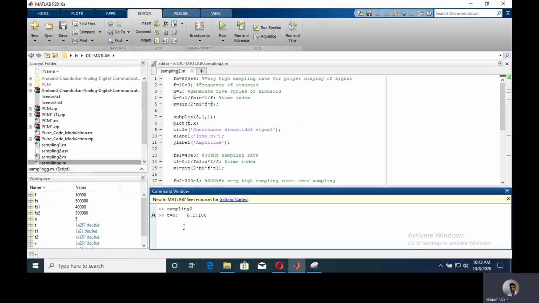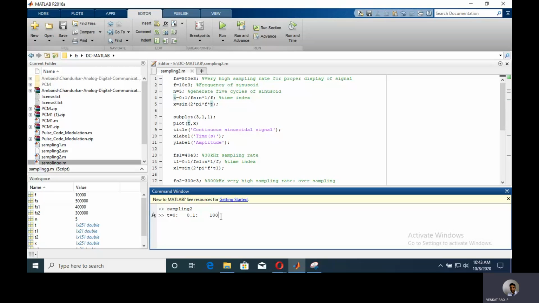Just to clarify, the time axis of that sinusoidal signal will vary from 0 to 100 in intervals of 0.1. That means the time axis is varied as 0, 0.1, 0.2, 0.3, 0.4, and so on up to 100. Many time references or time intervals are there in the input signal time axis.